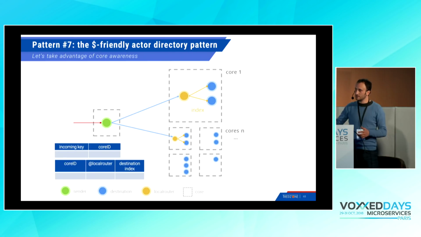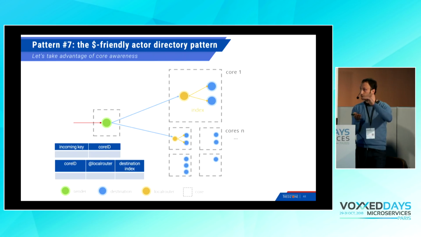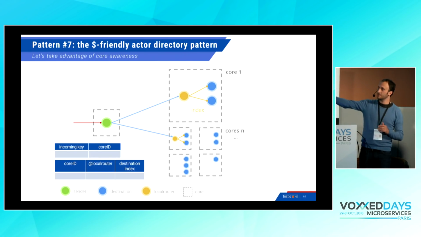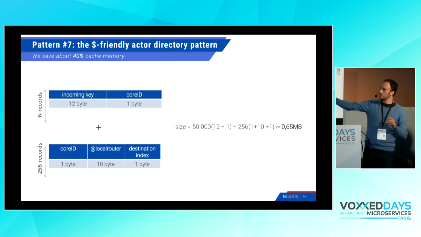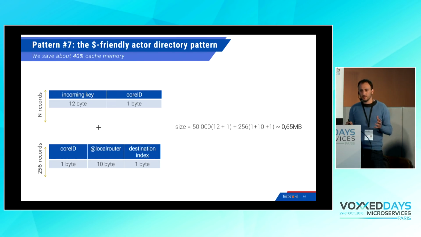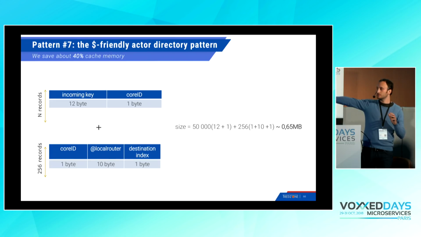So if I do that, I have split the map into 2 maps here and some other there, but they are much smaller. So now, for doing exactly the same thing, the memory size is 0.65 megabytes.